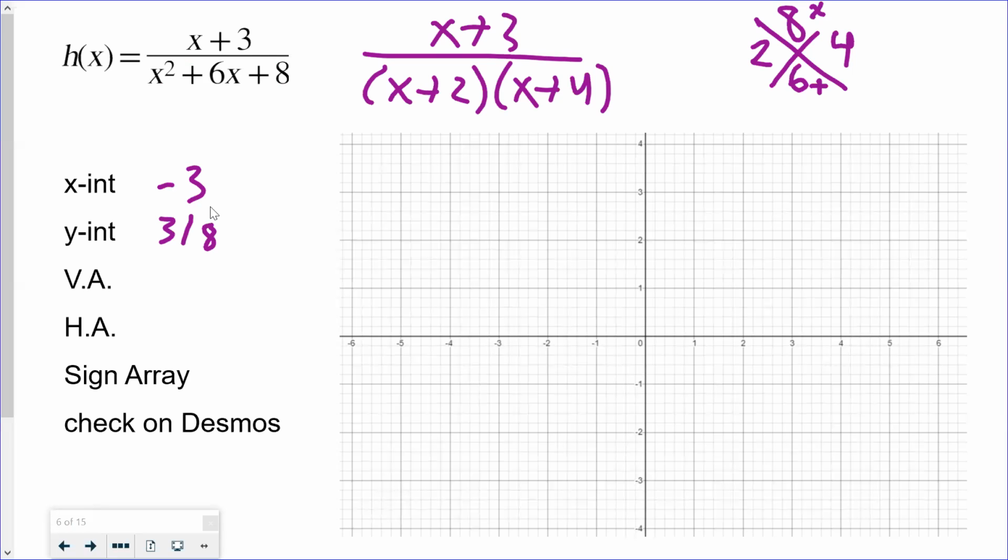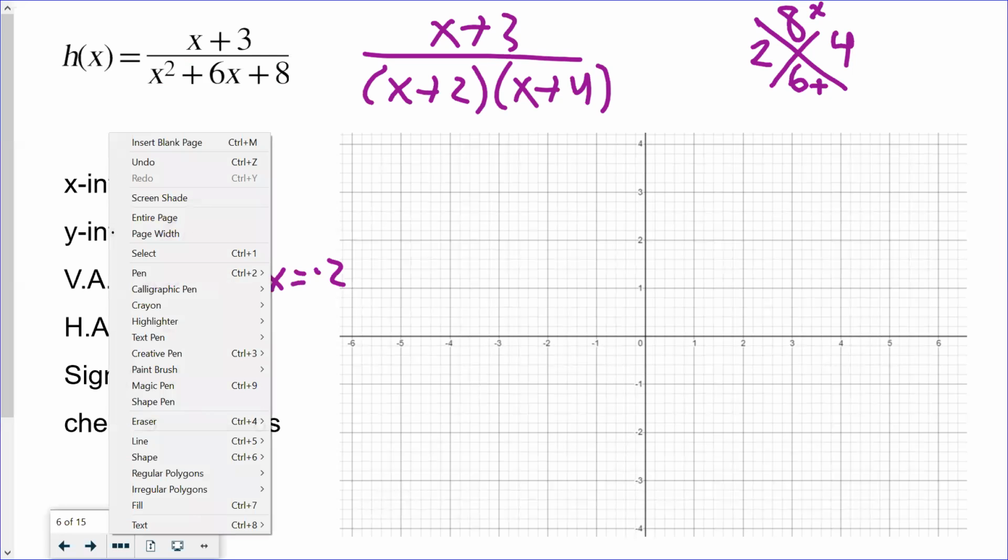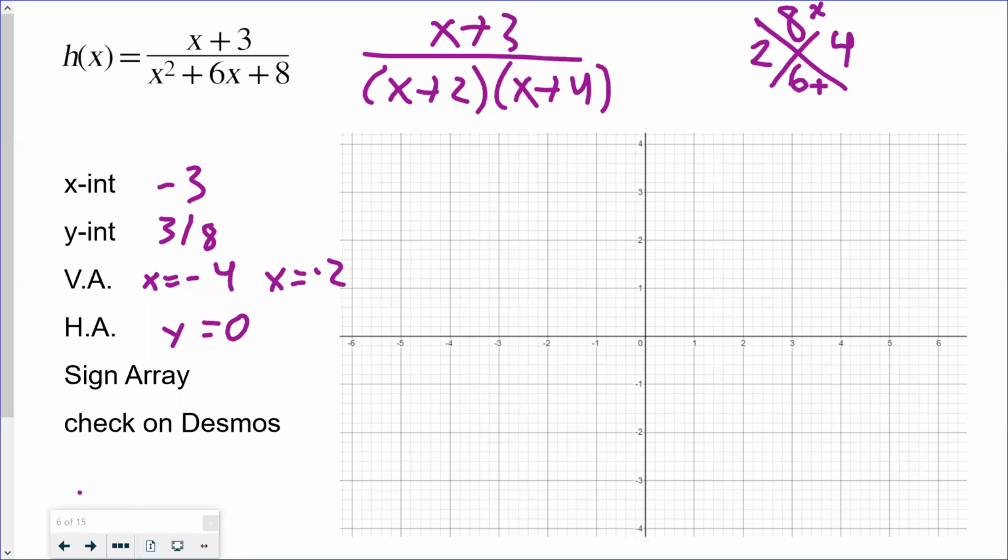And then the vertical asymptotes are -4 and -2. And the horizontal asymptote is 0. Perfect. And then I got the horizontal asymptote and the vertical asymptotes drawn on my graph. But that's it. Okay, and that's fine. I only gave you a minute, so great job.